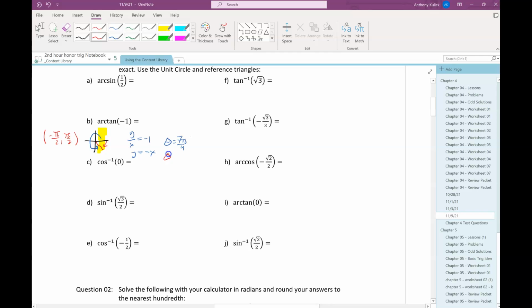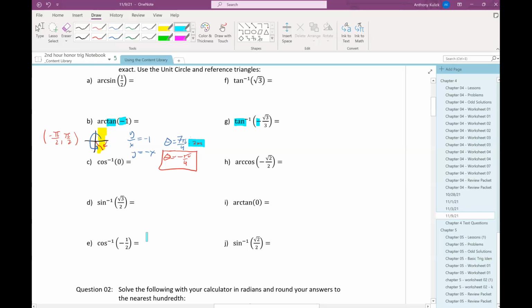To get to the red angle, I'm going to subtract 2 pi, which gives me negative pi over 4. In general, any place where I see tangent with a negative, I'm going to have to do that, as well as any place I see sine with a negative.